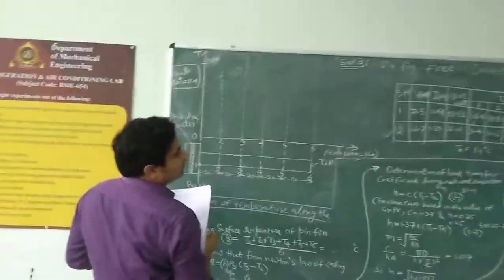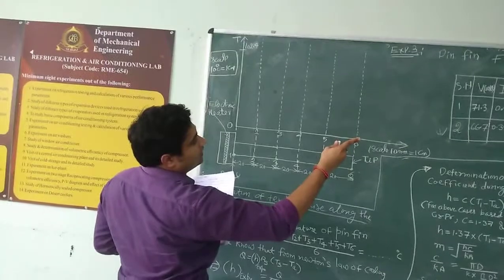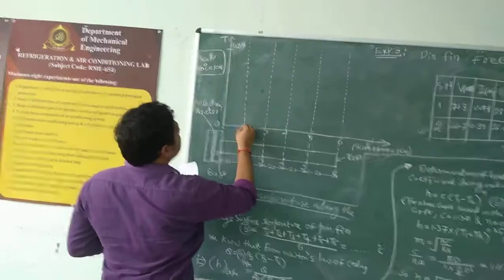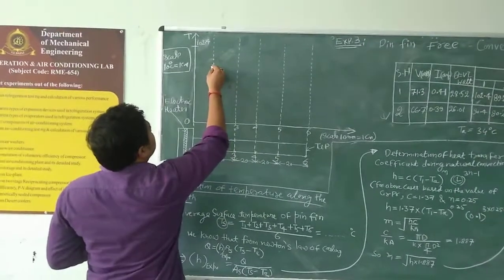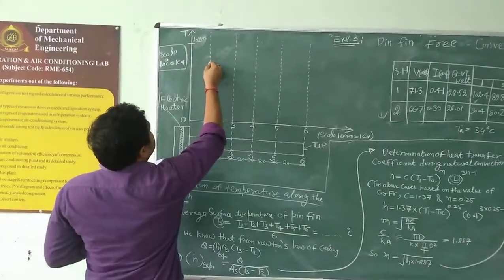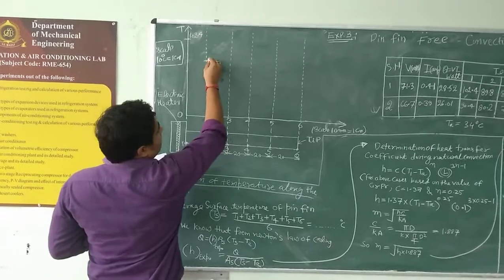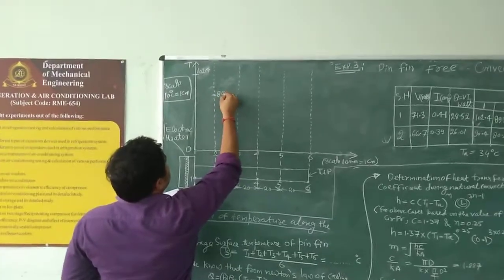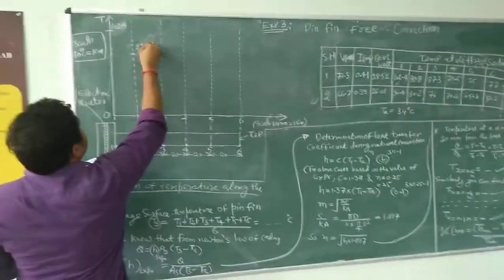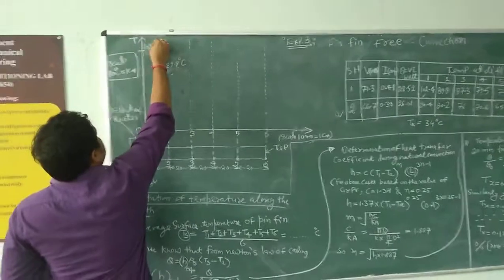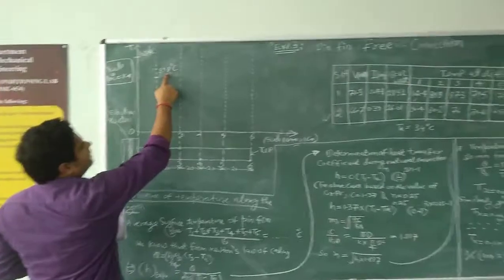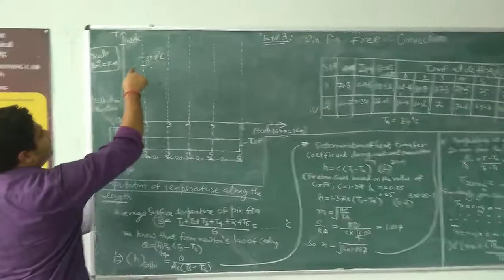Now T2 is 89.8, so from point 2 you cut a line of length 8.98 centimeters. This represents the temperature 89.8 degrees Celsius.